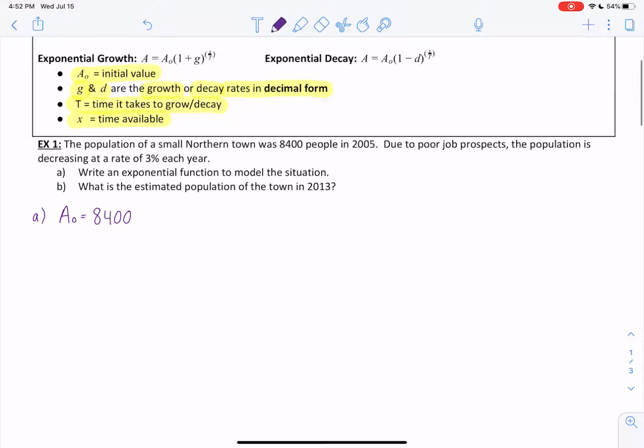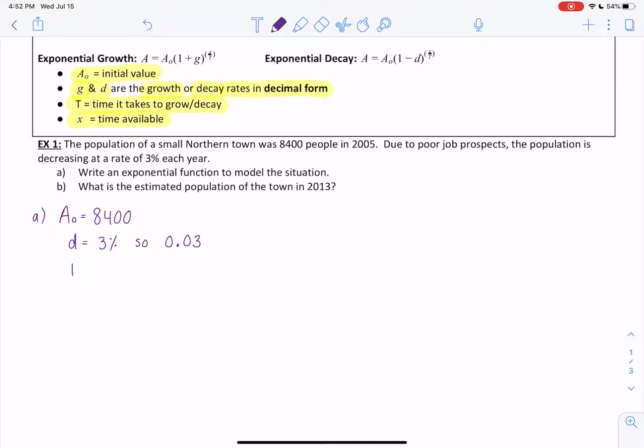So I'm going to be looking at exponential decay and having a decay rate. My decay rate is 3%, so I'm going to use 0.03. We always need to use our rates in decimal form, not as a percent.